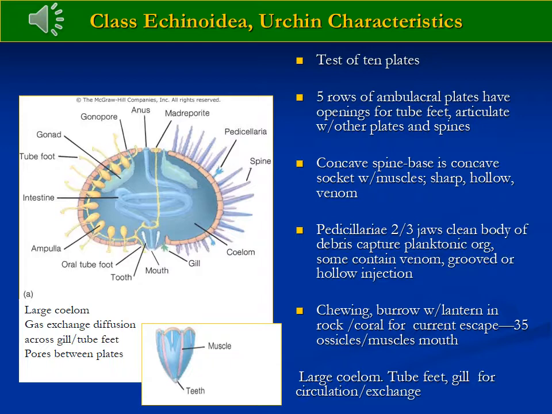So you can see the madreporite, you can see the stone canal, you can see the ring canal, you can see the radial canals, you can see all that same stuff, just arranged a little bit differently here.